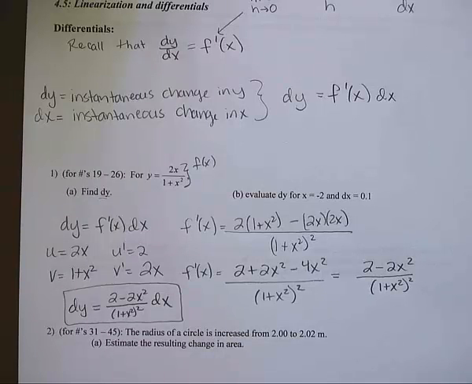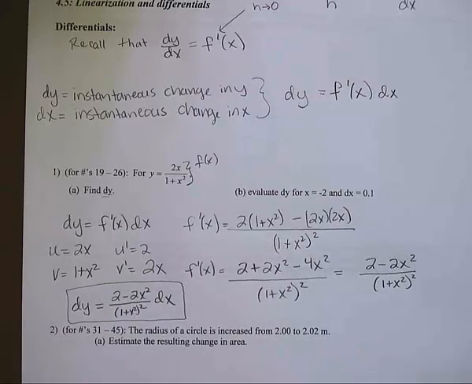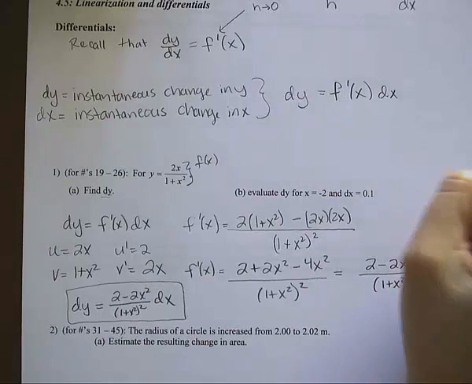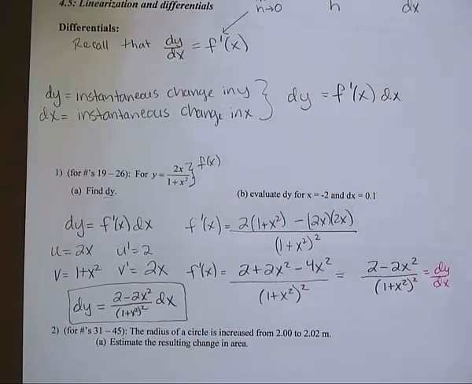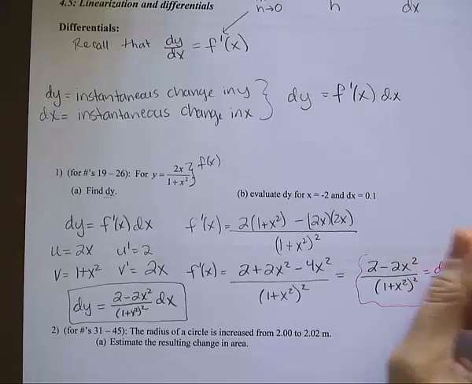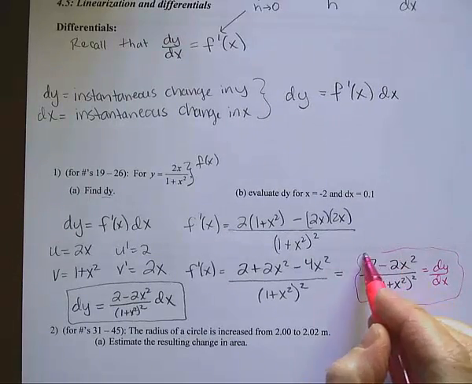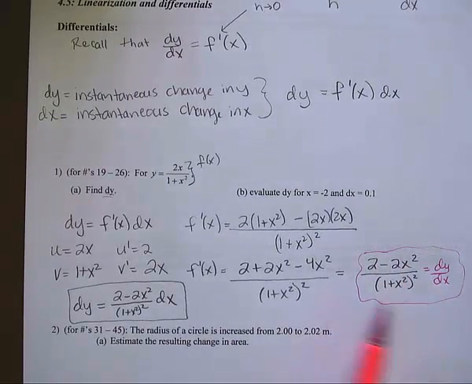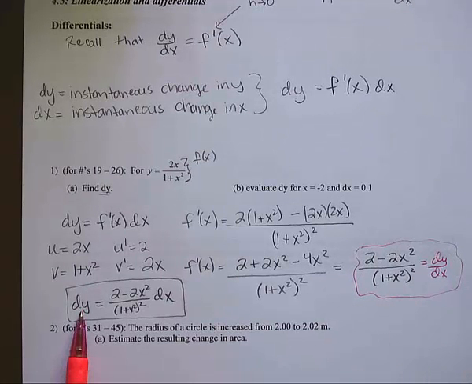So instead of writing it this way, which we do when we're just looking for the rate of change, we would think of this as equaling dy dx. We would say, okay, dy dx is equal to the derivative. So it's really not saying anything different than this. It's just focusing in only on the dy.